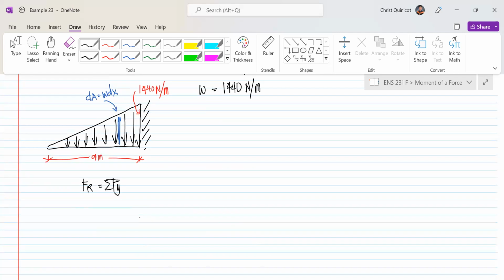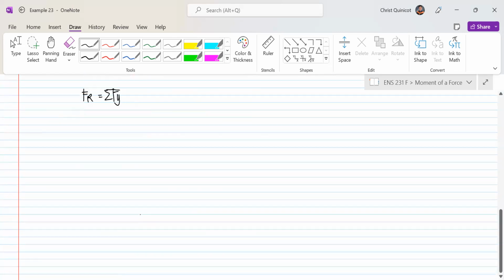This is equal to A, but since we don't have a fixed A, we do integration of dA, which is W dx, and our W is 160x dx.